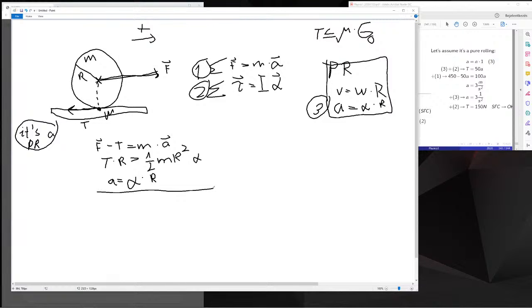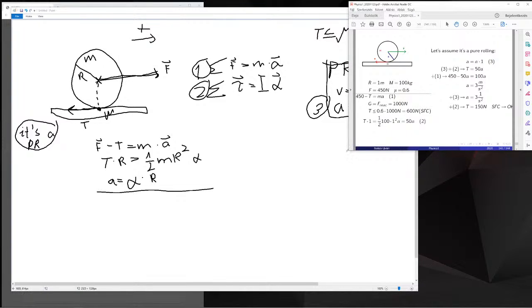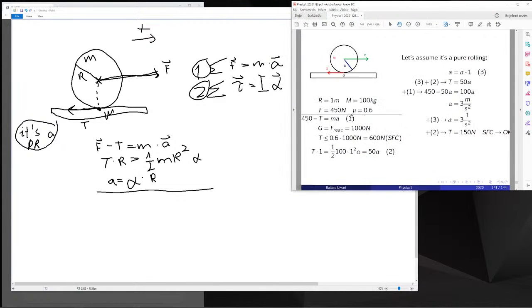Try to solve it now. Just use these numbers. Technically the solution is also here, but at first try to solve it alone, and answer what the acceleration will be, not only copying from the presentation, but trying to understand.